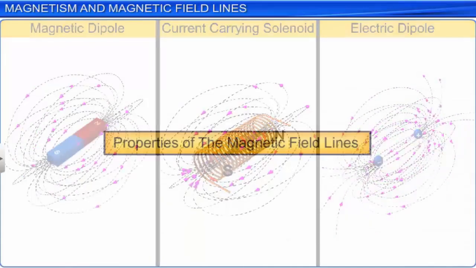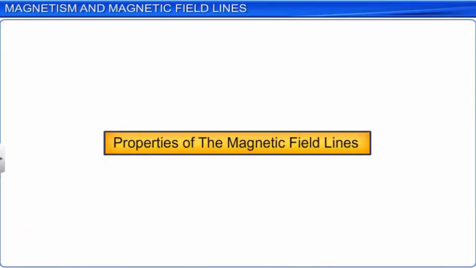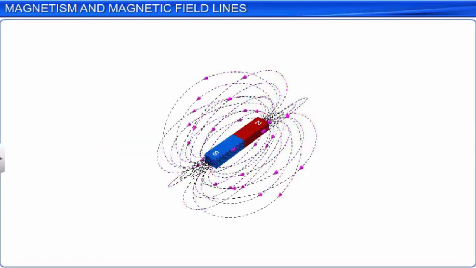Let us now learn about the properties of magnetic field lines around a bar magnet. The field lines of a magnet start from the north pole and end at the south pole externally, which is outside the magnet. But internally, that is inside the magnet, the field lines start from the south pole and end at the north pole.